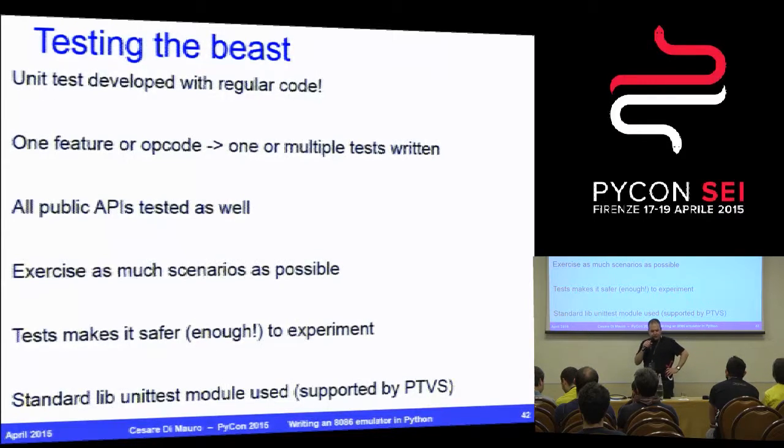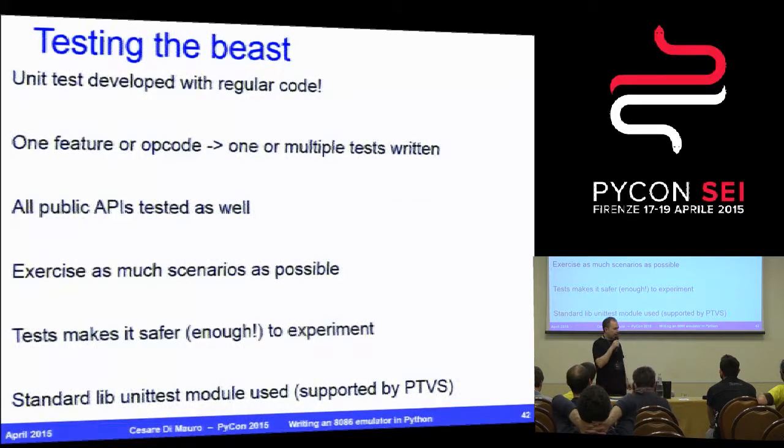So how to test that stuff? When I wrote such an emulator, every time that I wrote a feature or implemented an instruction, I also wrote at least one test for that stuff. I also decided to test all the public APIs, and I try to cover as many scenarios as possible, taking also the time to do it.